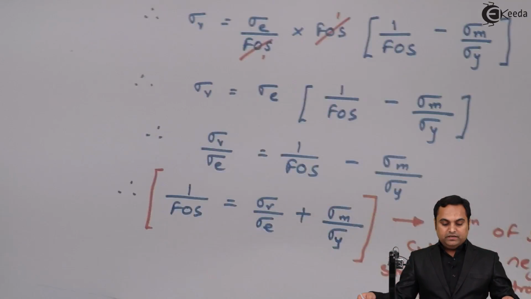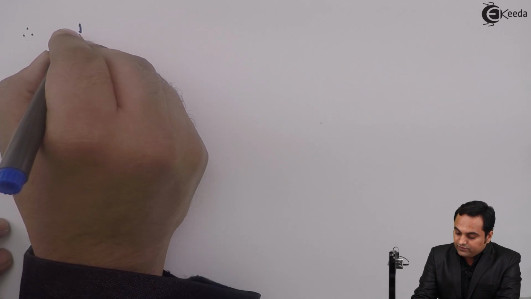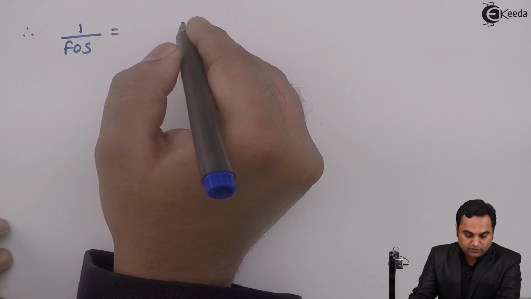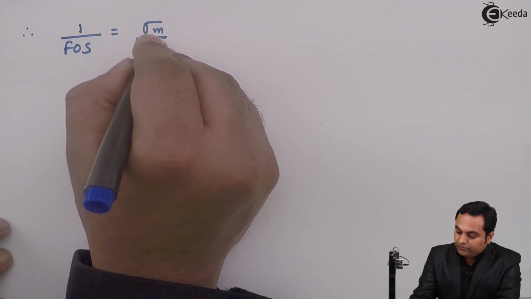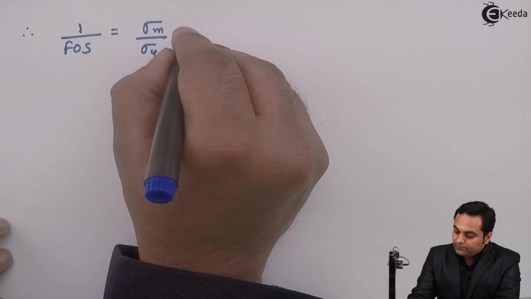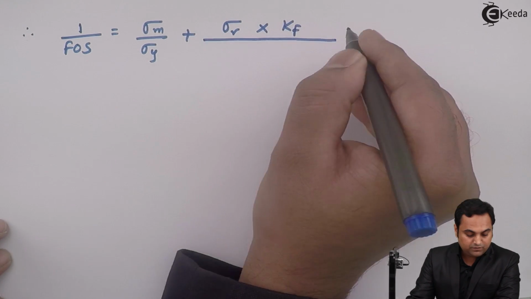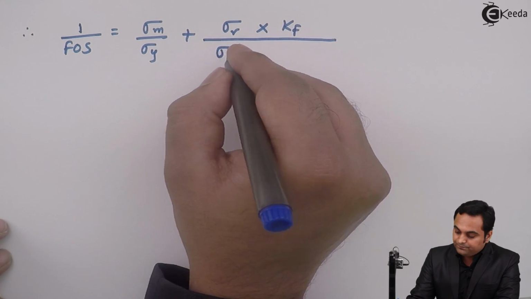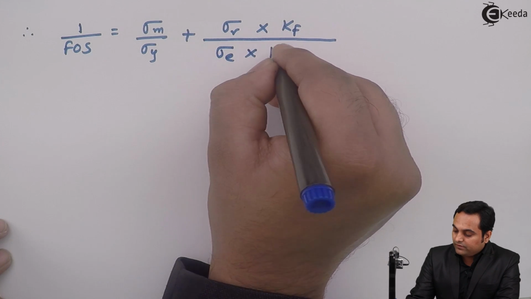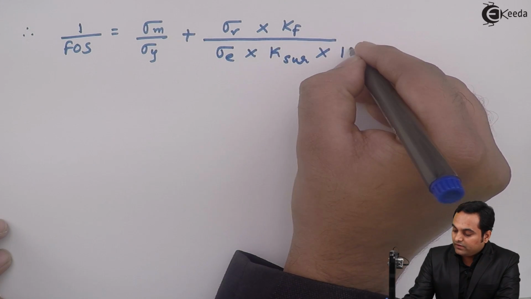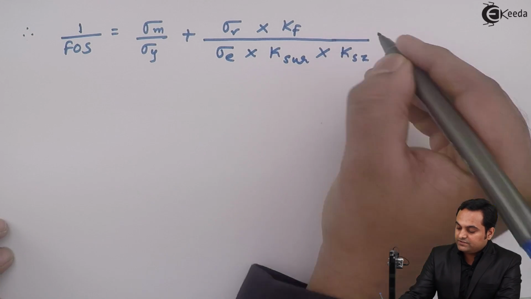After this I'll write the equation considering the stress concentration factor. So therefore 1 upon factor of safety is equal to sigma m upon sigma y plus sigma v into k suffix f upon sigma e into k surface into k sz, which is k size.